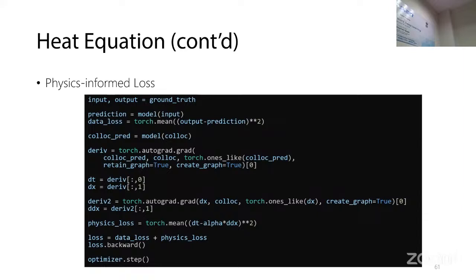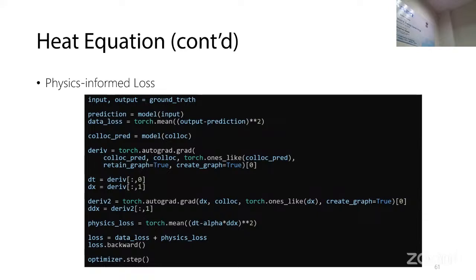The second part is where we define the physics-informed loss. The data loss is super simple. For a given input, you infer the model, make the model predict something, and those predicted temperature values are then compared directly against the ground truth outputs. That's what defines the data loss.